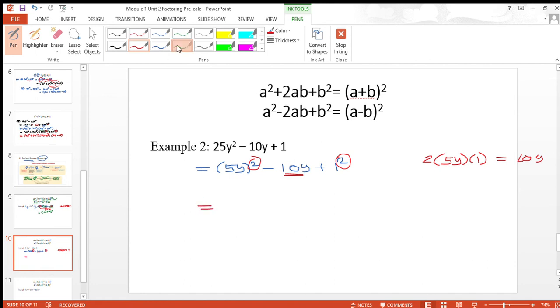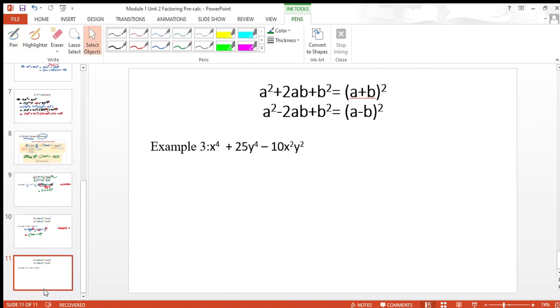According to the shortcut that I have mentioned, we just copy the base, that's 5y, copy the sign, minus, copy the base, everything raised to 2. You can verify if the answer is correct by expanding that again.